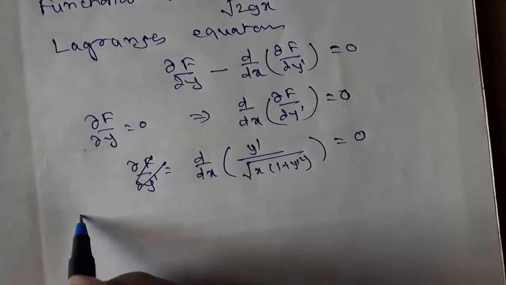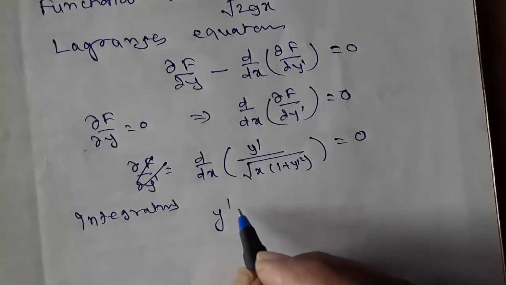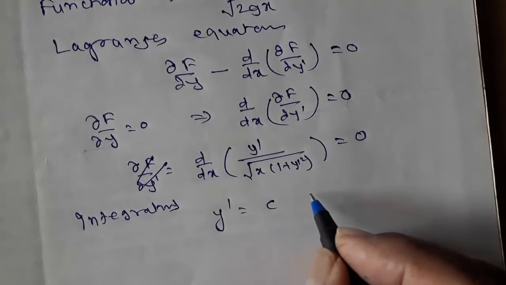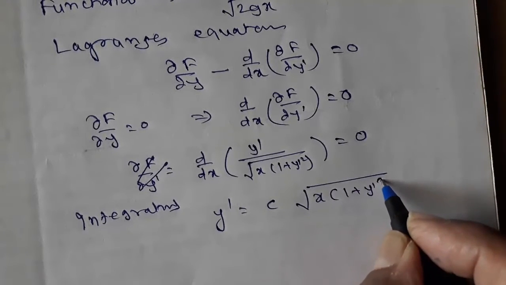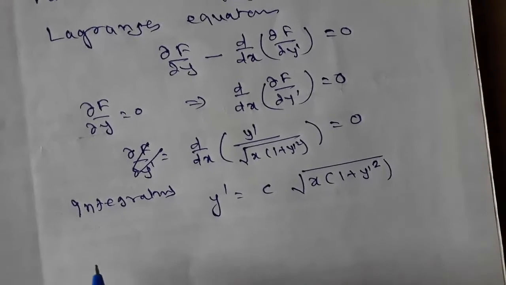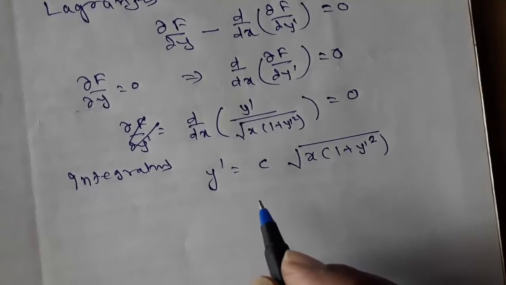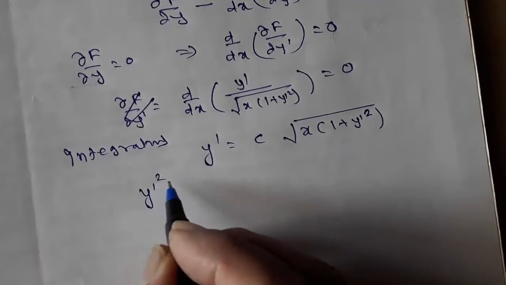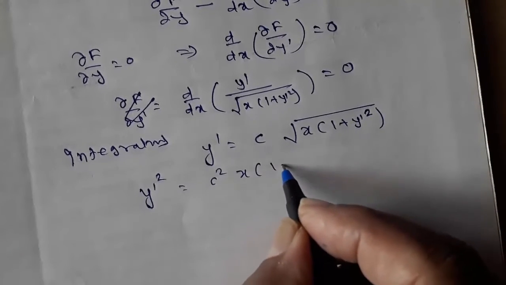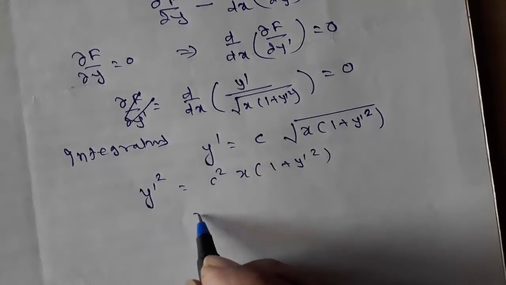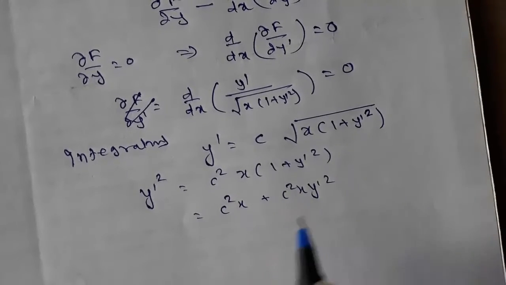If we integrate this, we get y dash equal to c into root of x into 1 plus y dash square. Squaring this, we get y dash square equal to c square x into 1 plus y dash square, that is c square x plus c square x y dash square.